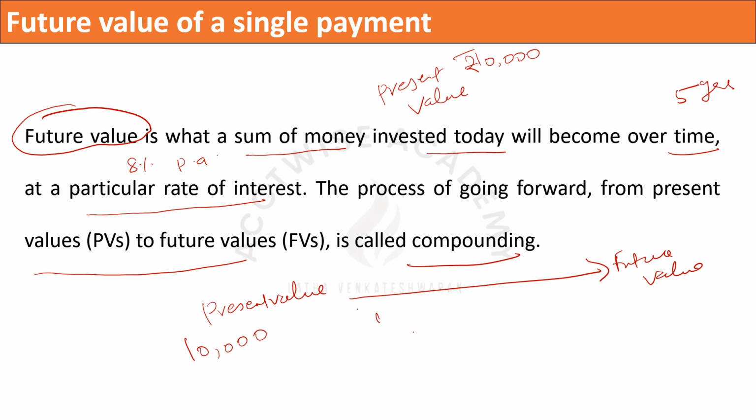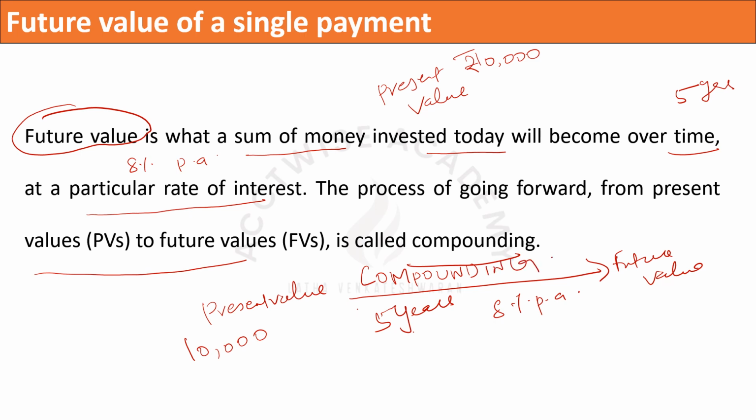What is the time frame? 5 years. What is the interest for it to accumulate? 8% per annum. So if you calculate 10,000 for 5 years at 8% interest per annum, then you'll get the future value. That process is called compounding. From present value to future value, it is called compounding.